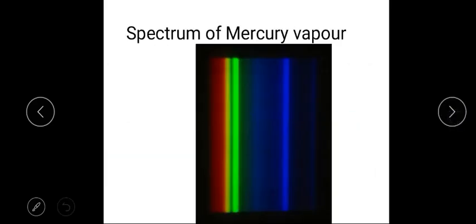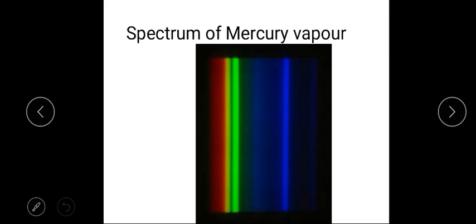First, the spectrum of mercury vapor, which consists of a strong blue line and a strong green line. The blue has a wavelength of 436 nanometers and the green has a wavelength of 546 nanometers.